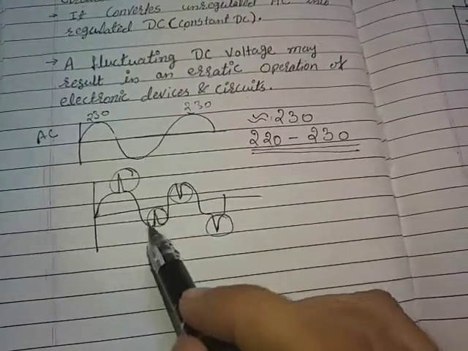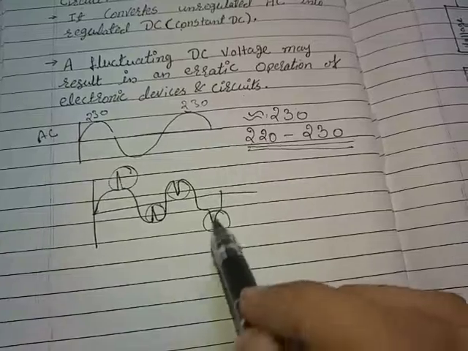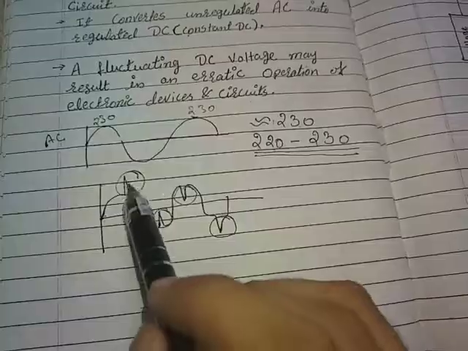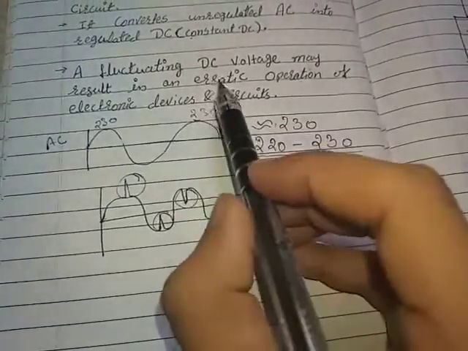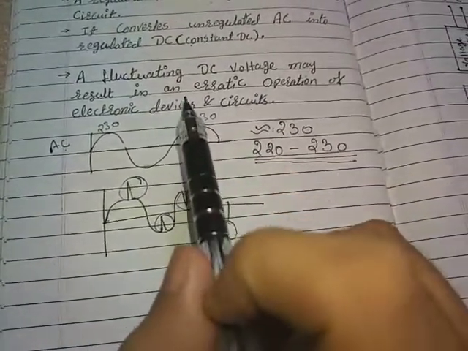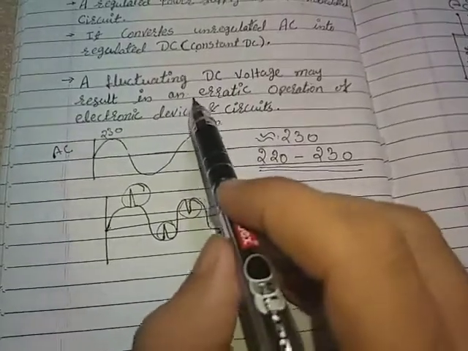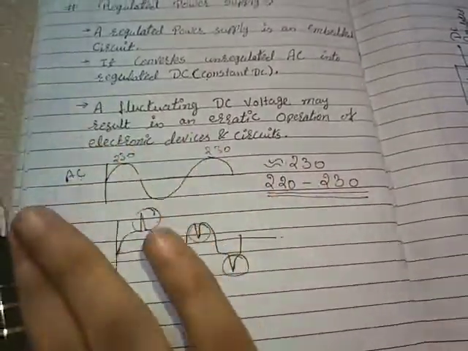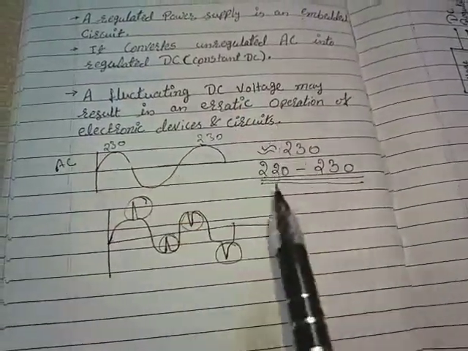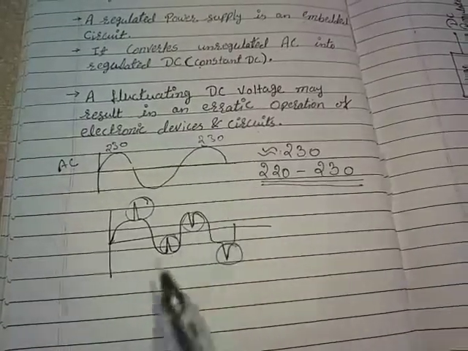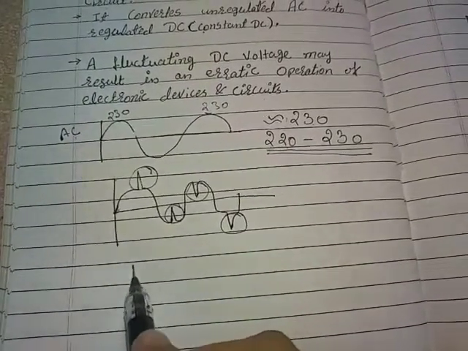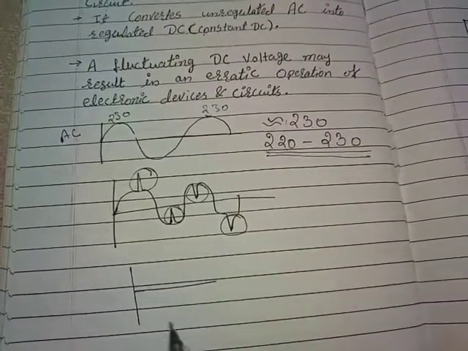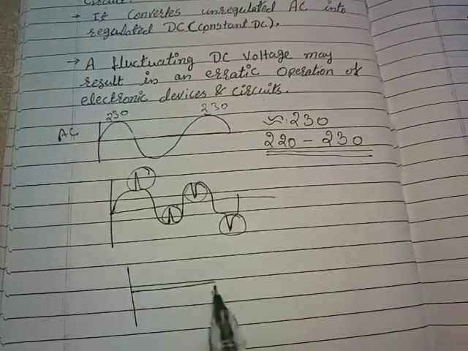And if this continuously occurs in the electrical power, then what happens? If this fluctuation continuously occurs, an erratic operation is performed. Now, what is a power supply? First we have to convert AC into DC. Then that DC should be constant. We all know that DC is like this, a straight line. Throughout the time period, it gives a constant value.